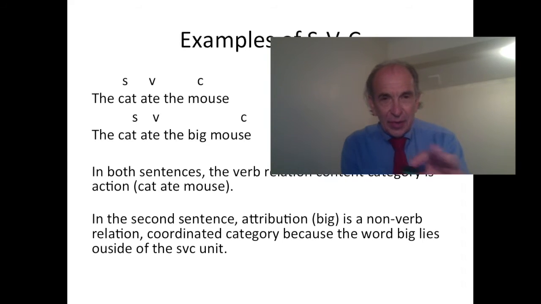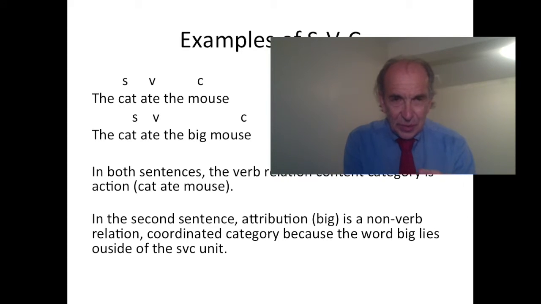Now notice that in the second case too, there are extra words: the and big. Now big represents attribution, doesn't it? That's a legitimate content category, and the child is intending to refer to the attribute, not just to the mouse, and not just to eating.